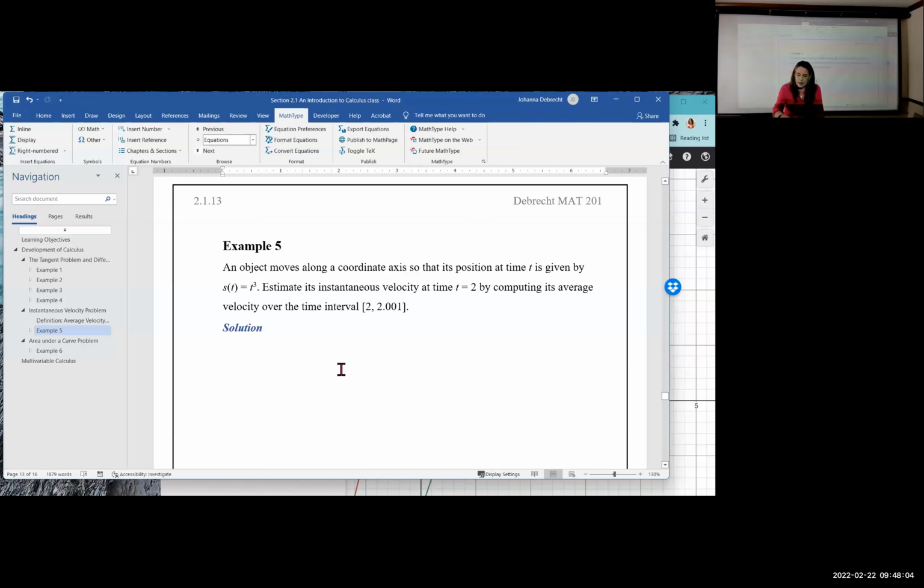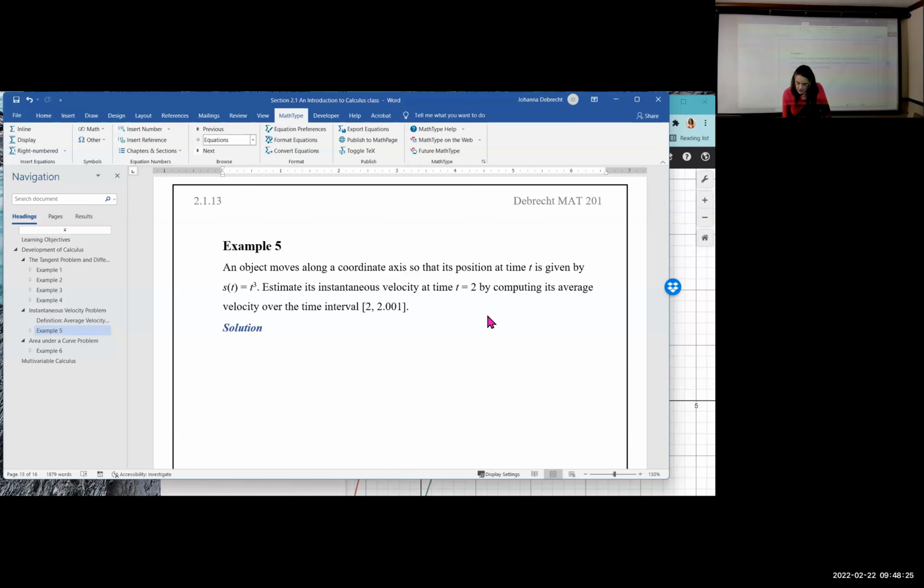So this is the same basic graph. This is t cubed instead of x cubed, but it's basically the same graph. And we want to estimate the instantaneous velocity at t equals 2 by computing the average velocity over the interval from 2 to 2.001.